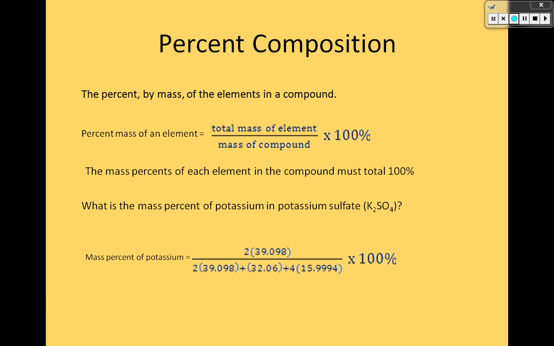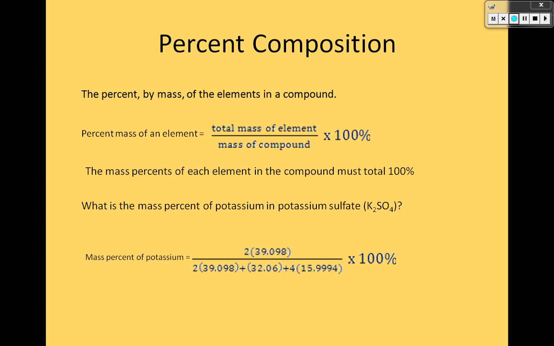So the mass percent of potassium is 2 times 39.098, and that's 2 potassiums, divided by 2 times 39.098 plus 32.06, that's the sulfur, plus 4 times 15.9994, that's the oxygen, times 100%. So if you didn't even get that, now at least try it on your calculator.